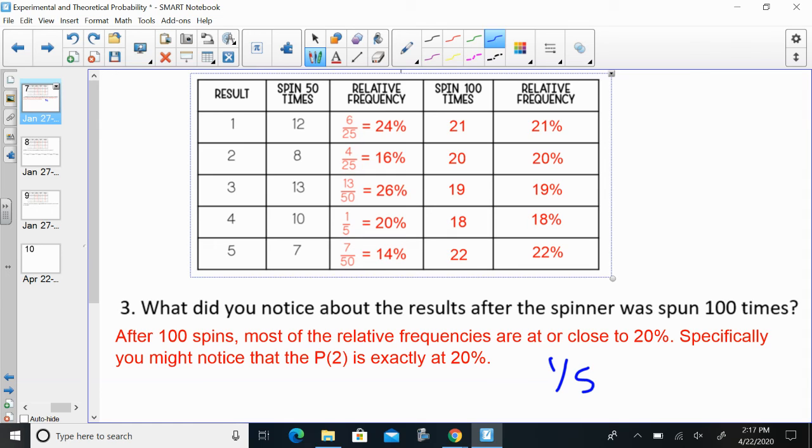And each of these results over here on our spinner, in theory, all had a 1 out of 5 chance of being landed on after the spin. So again, the more times or the more trials you have for an experiment, the closer you get to the theoretical probability.